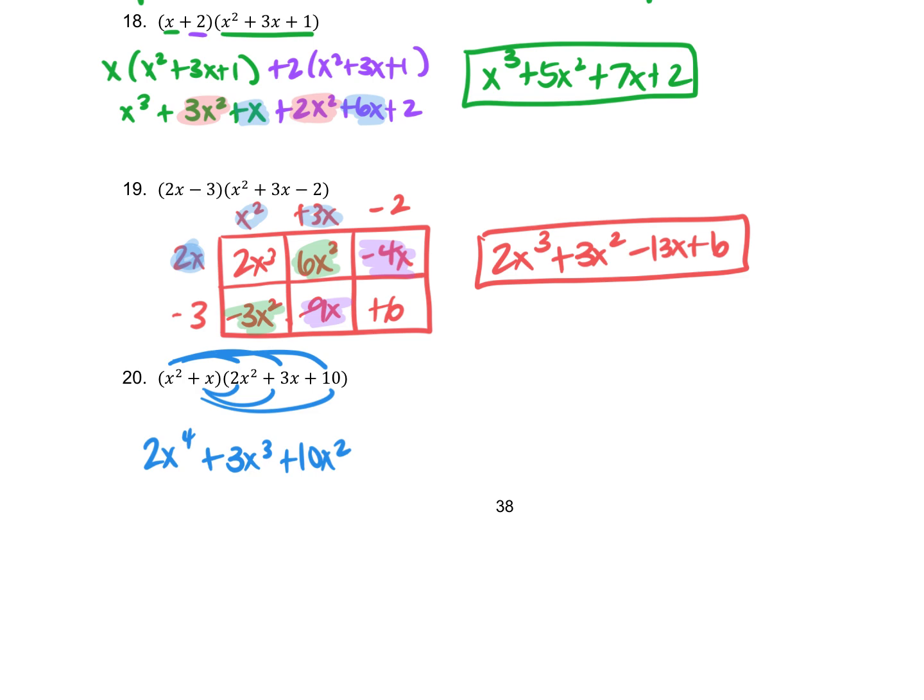And then multiply that one. So plus 2x to the 3rd plus 3x squared plus 10x. And now combine my like terms. So we have 2x to the 4th plus 5x cubed, sorry, not squared, cubed, plus 13x squared plus 10x as my answer.